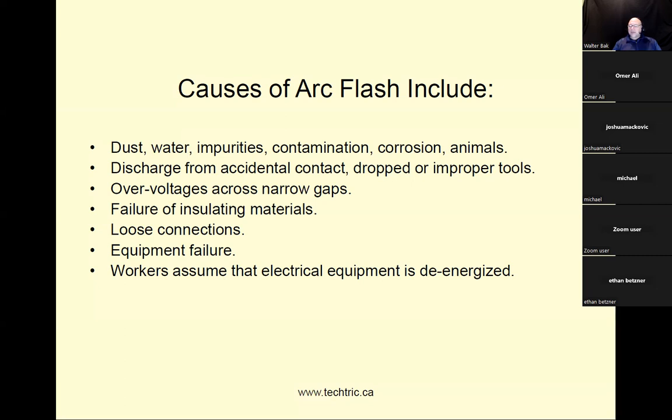And of course, the human body, animal body, does have a certain type of resistance that is lower than the air, and it can become conductive. And if there's enough energy, you just saw in the pictures and the video what can happen. All right, so that would be one of the causes for arc flash.